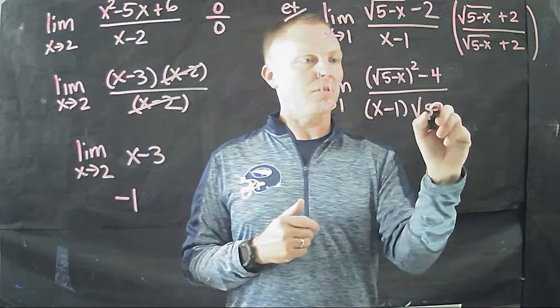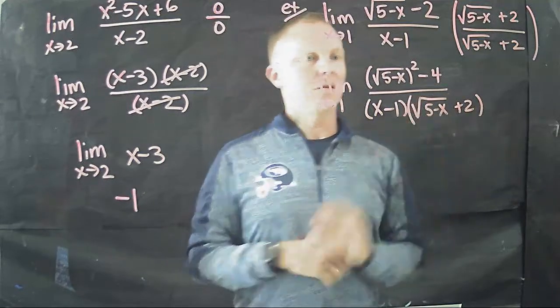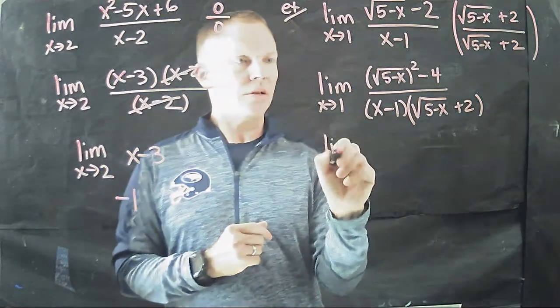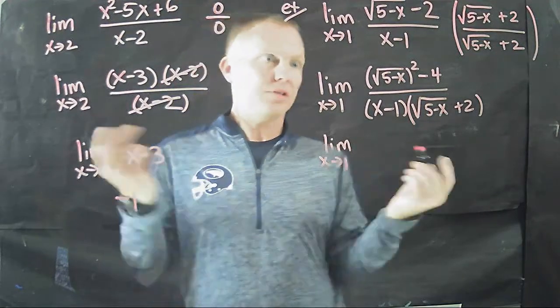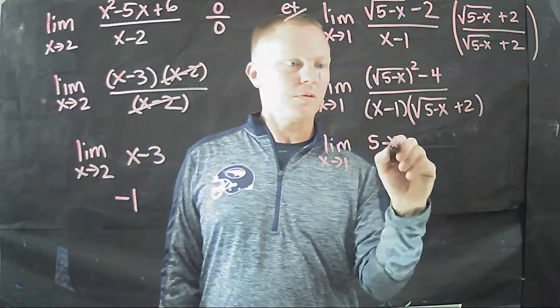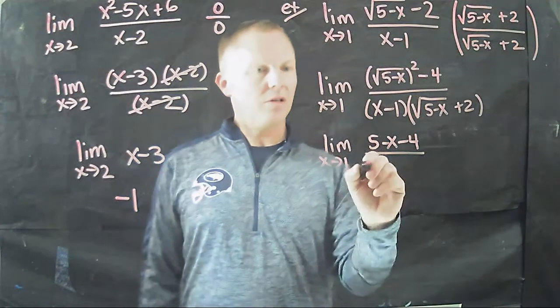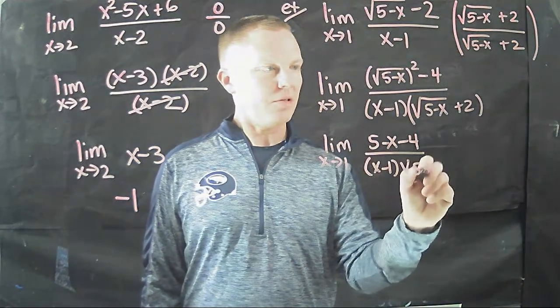I'm just going to write it as the big mess that it is. Okay? Now, what is radical 5 minus x squared? Well, it's 5 minus x. So that's what the numerator is going to simplify to, correct? And now we have x minus 1 times that big fat mess.